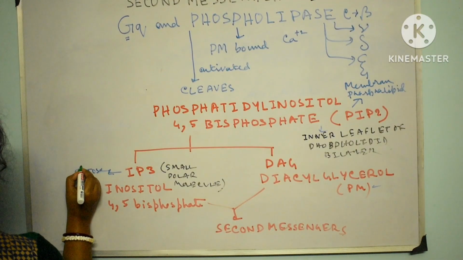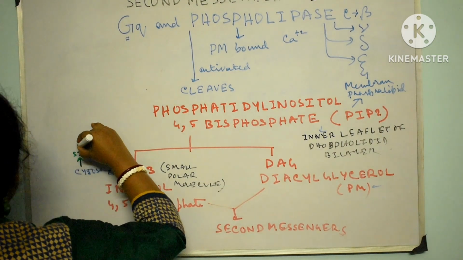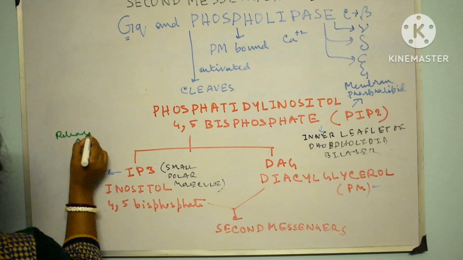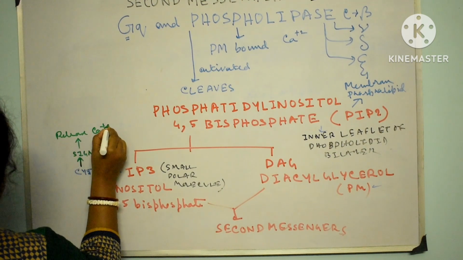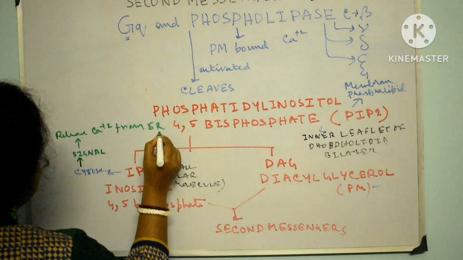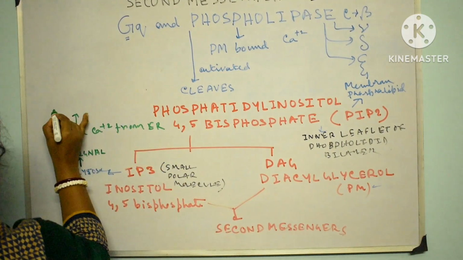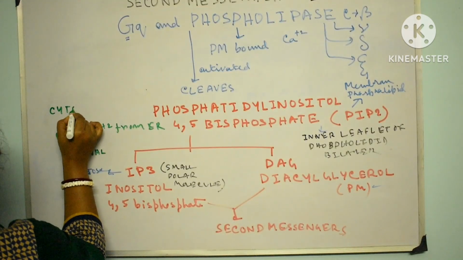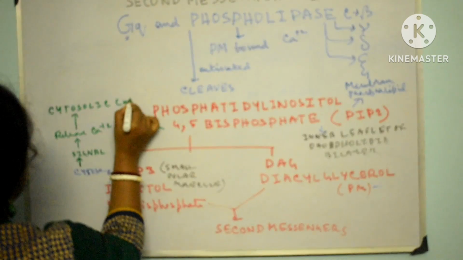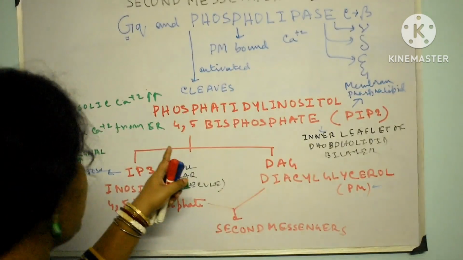It gives a signal, and after giving this signal, what happens? Calcium ion is released from the endoplasmic reticulum, and for this reason the cytosolic calcium level rises.